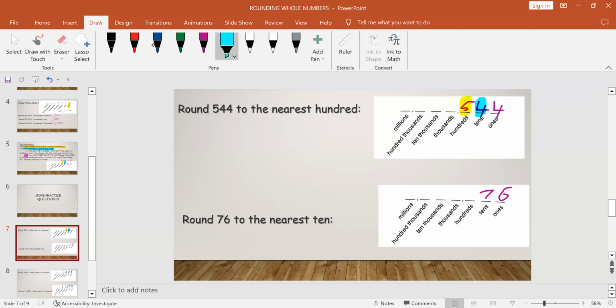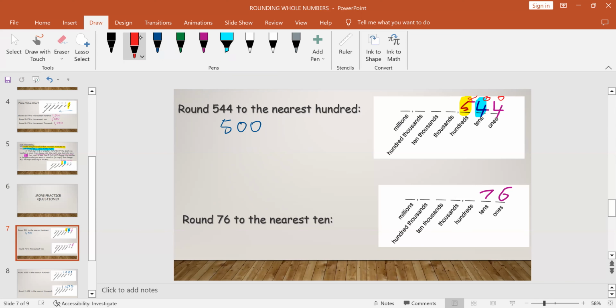Therefore, the answer to this question is 500. So the nearest 100 for 544 is 500.